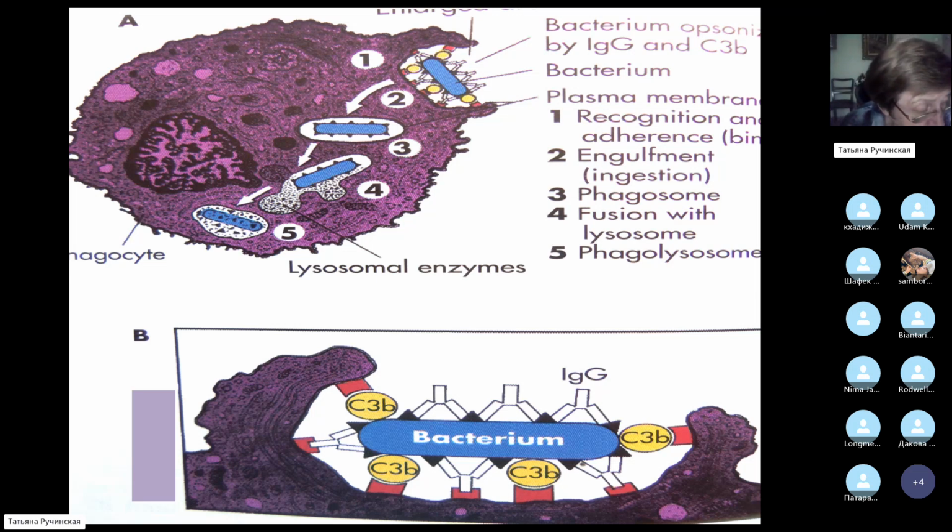So in your colloquium, there is a question. What does phagosome mean? How can you give the definition or explanation? You may write down that a phagosome is a sac formed by the plasma membrane of phagocytes with the injurious agent located inside the phagosome.